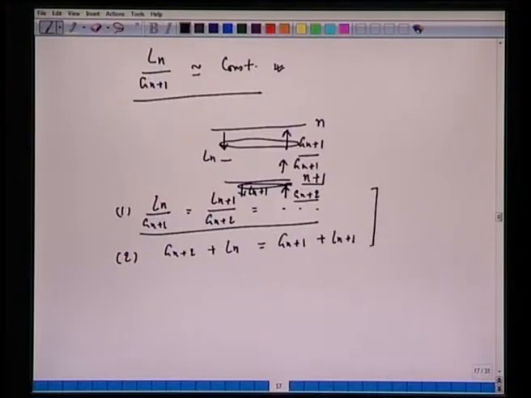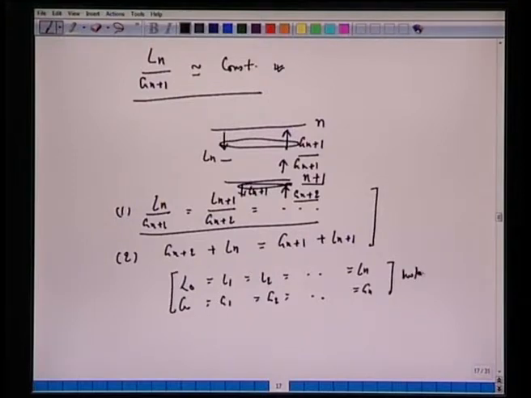With 1 and 2, one can show that L0 is the same as L1, the same as L2, and G0 is the same as G1, the same as G2, the same as Gn. So this is what the Becker-Hille method is all about. The molar flow rate is a constant.